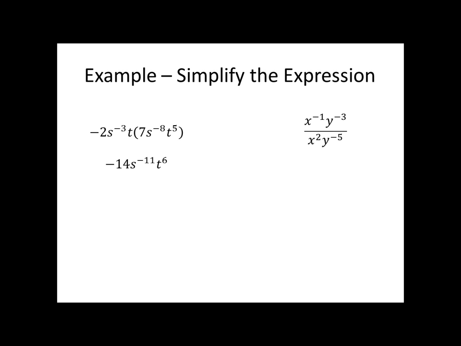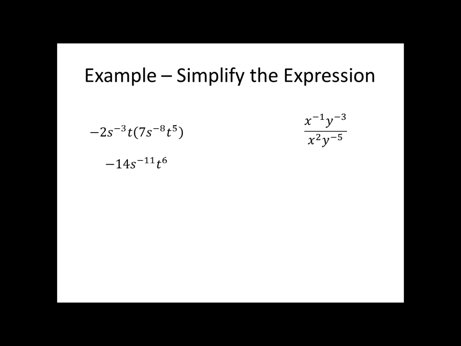Now, let's take a look at simplifying some expressions. Basically, we're going to multiply together and combine what we can. So the -2 and the 7 multiply to create a -14. S to the -3rd power times s to the -8th power, well, we add the exponents, we get a -11.